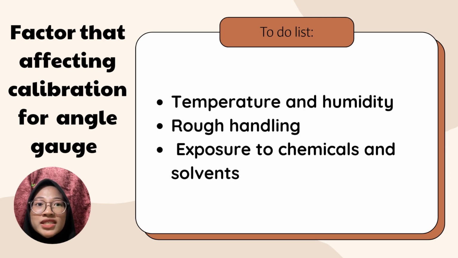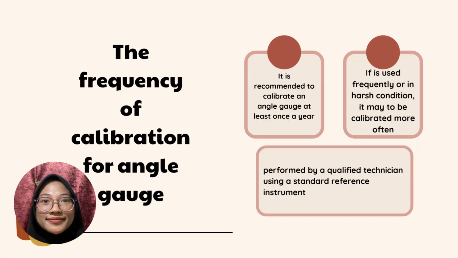Dropping or mishandling the angle gauge can cause it to become misaligned or damaged, which can affect its accuracy. Next is exposure to chemicals and solvents. Exposure to chemicals and solvents can cause the material of the angle gauge to degrade, which can affect its accuracy.